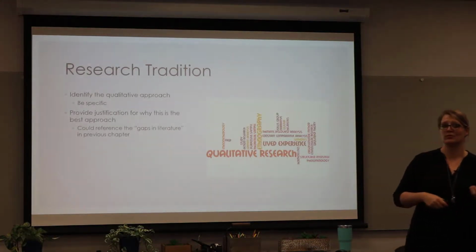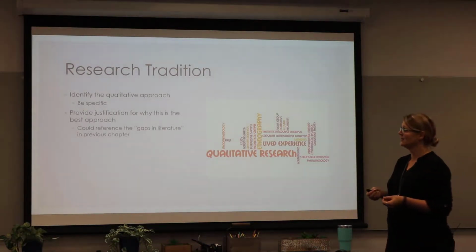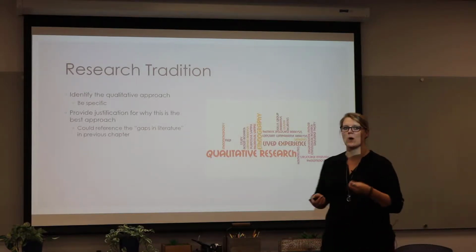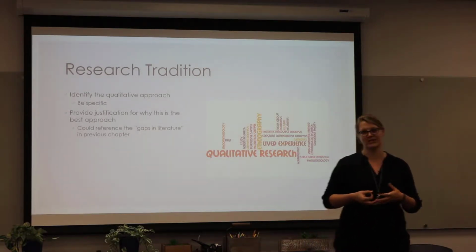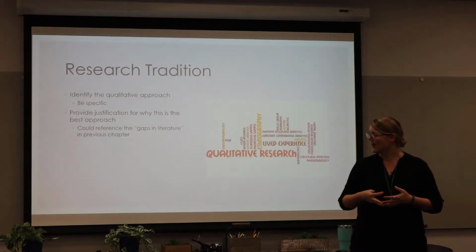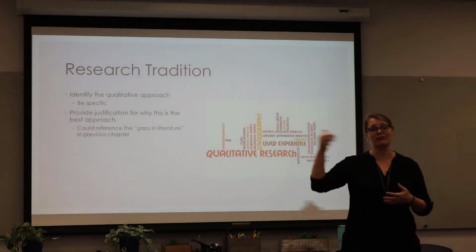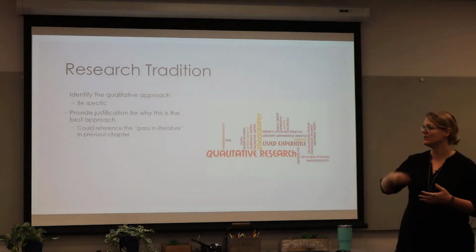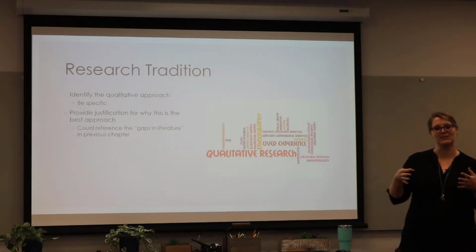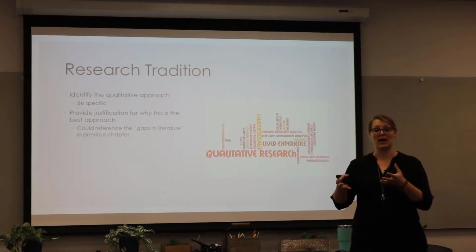It's really important to provide why you've chosen this approach and why this is the best approach for your study. So part of that could be a reference to your chapter 2 in your lit review. You've probably identified some gaps in your literature, and this is why your study is important.